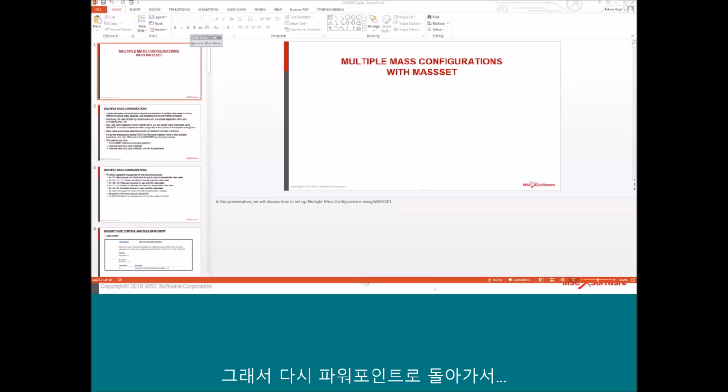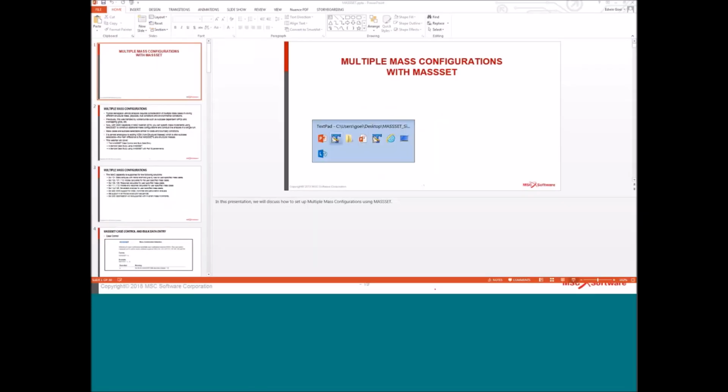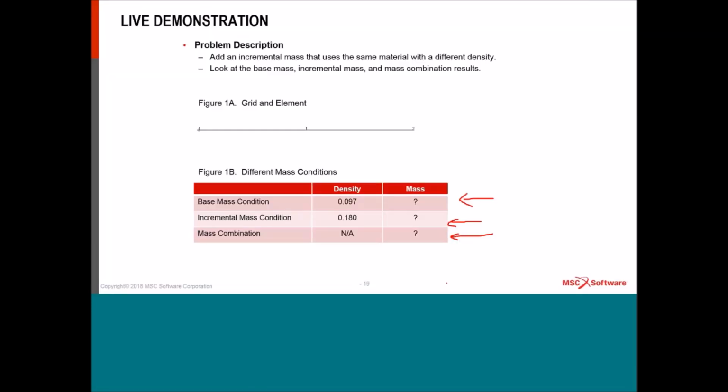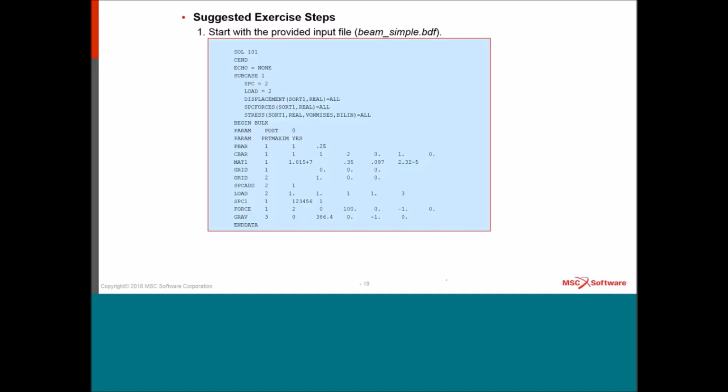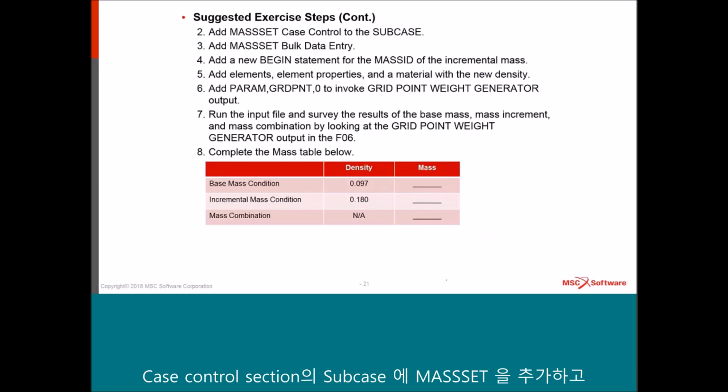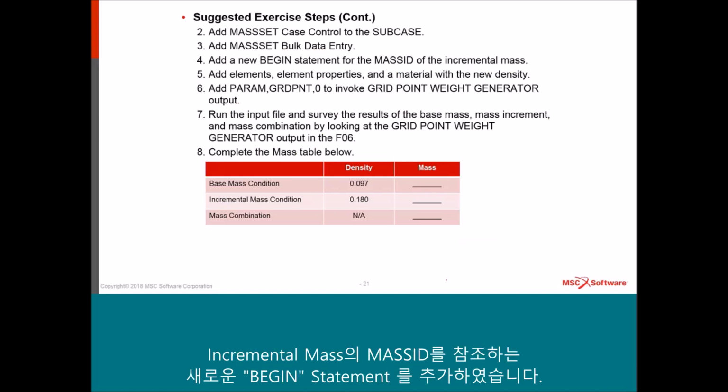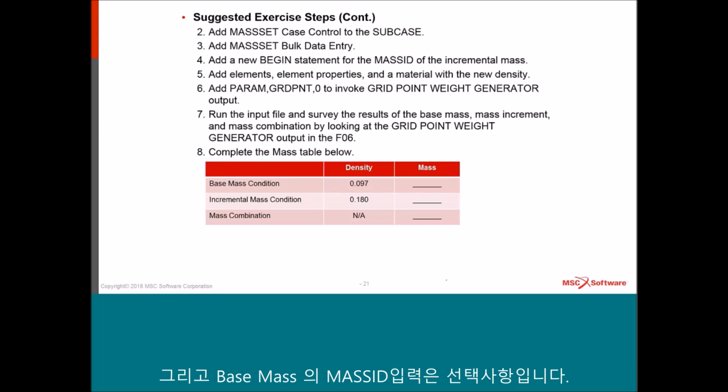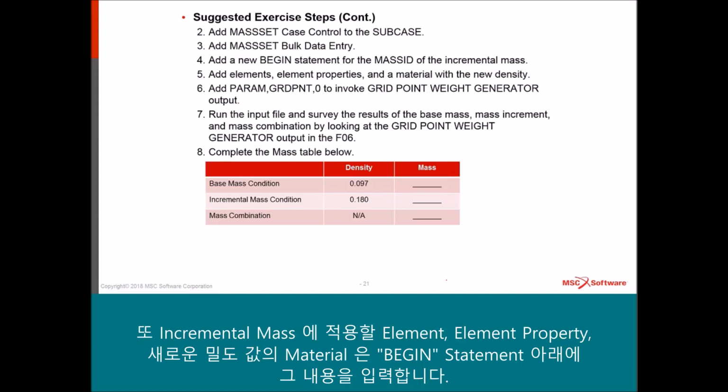So getting back to my PowerPoint. I'm adding the MASSSET case control to the subcase, the MASSSET bulk data entry, adding a new begin statement for the mass ID of the incremental mass. I did it also for the base mass, but again I said that's optional. Added the elements and element properties and material with a new density under the begin statement of the incremental mass.